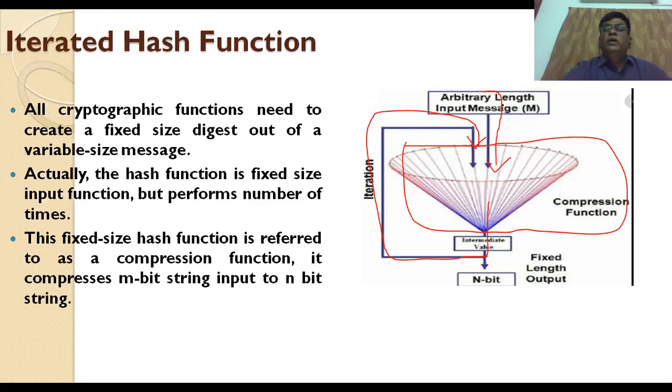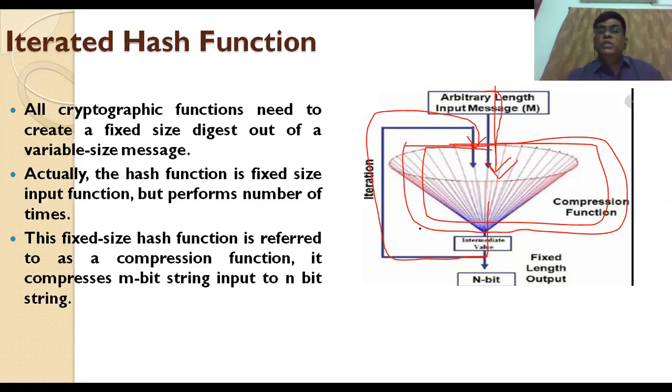So now this compression function accepts the next block of the message and the intermediate result of the previous function. Both are used in the compression function.